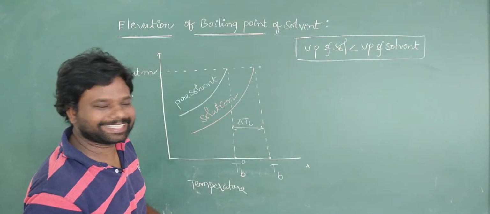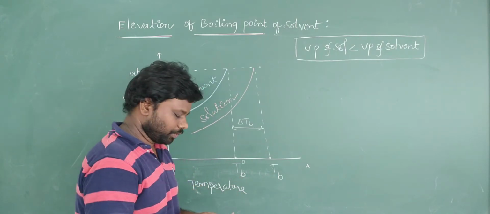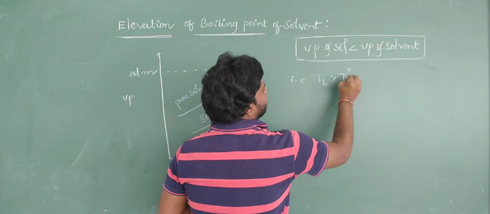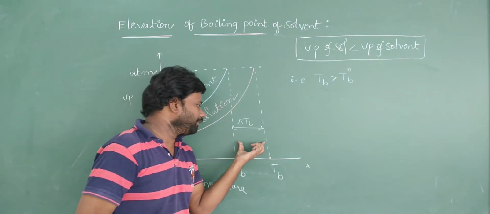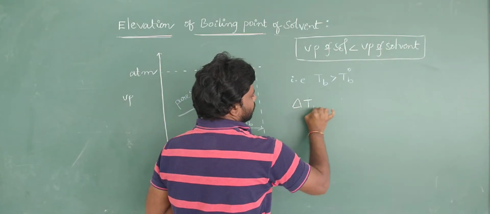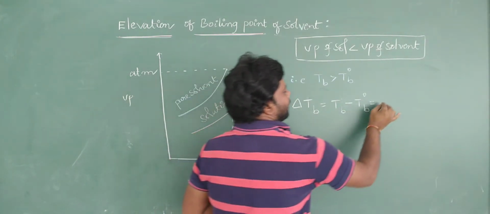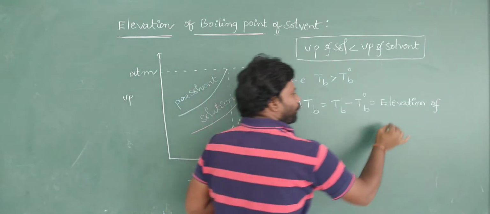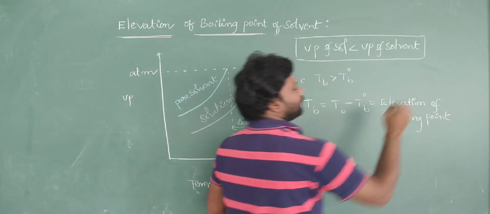So TB is greater than T naught B. The difference between these two is the elevation of boiling point: delta TB is equal to TB minus T naught B, which is nothing but elevation of boiling point.